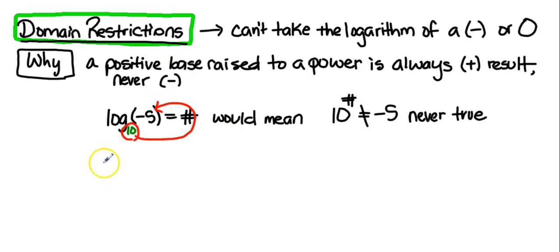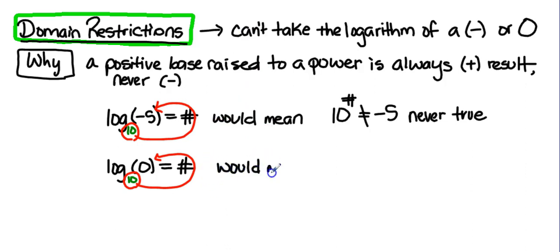Same if we tried taking log of 0 and said that that equaled some number. Once again, this is base 10. So that would mean that 10 to some number can equal 0.